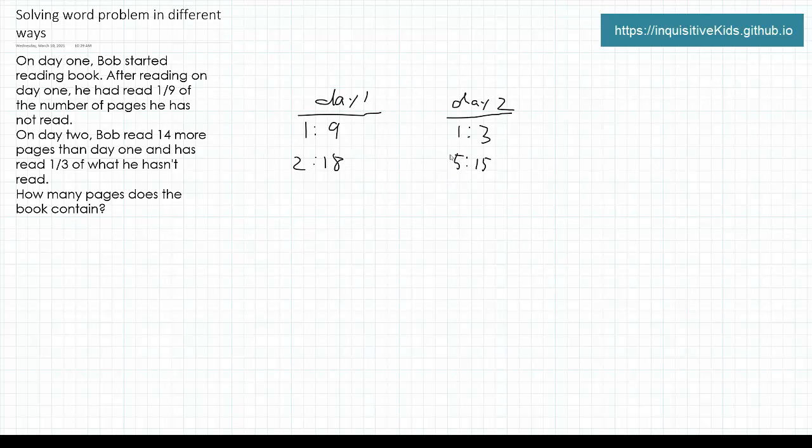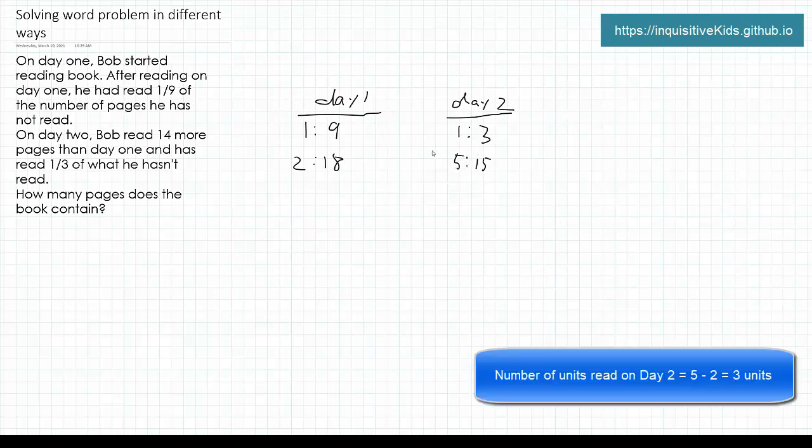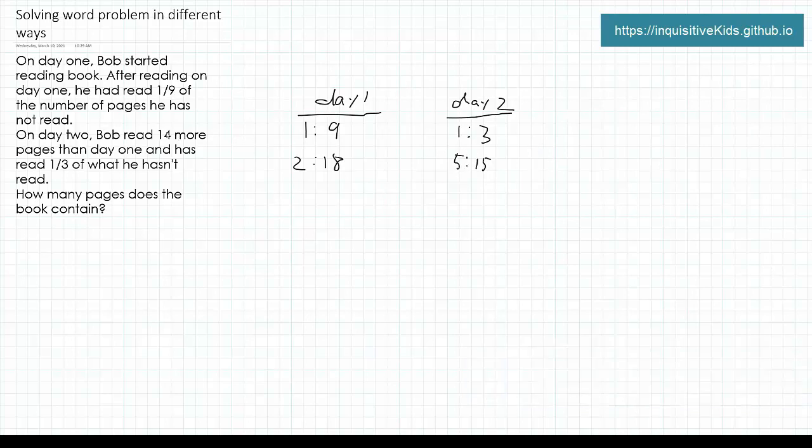Because on day 2, the amount he has read includes the amount he has read on day 1, we need to minus 2 units from 5 units. So that's 3 units. So we know that on day 2, he has read 3 units. And we need to find how much 14 is in percentage of the whole.